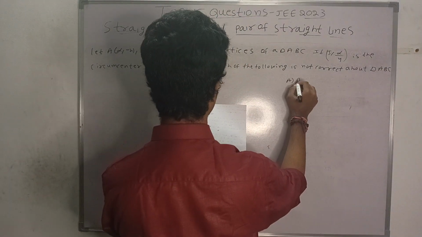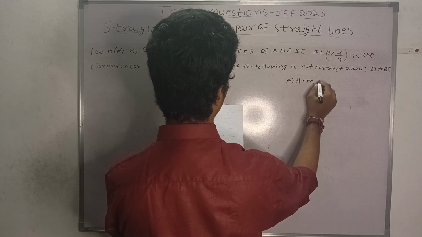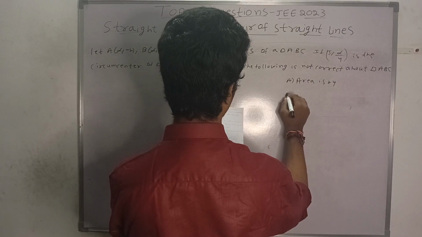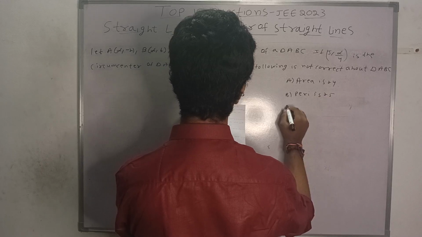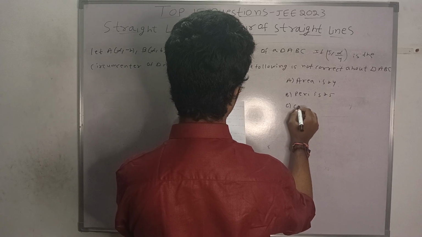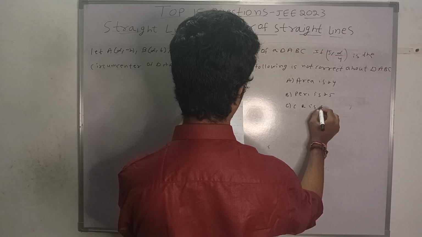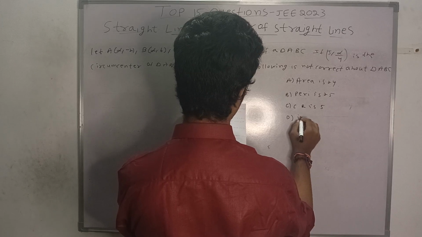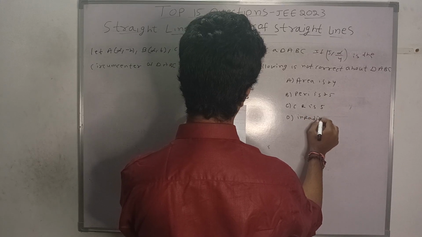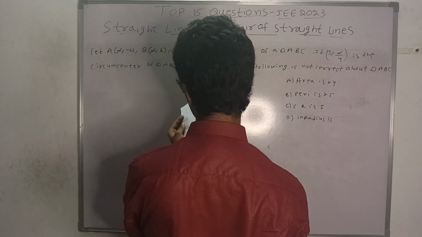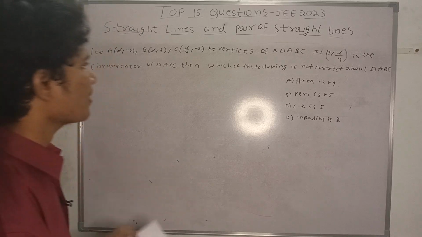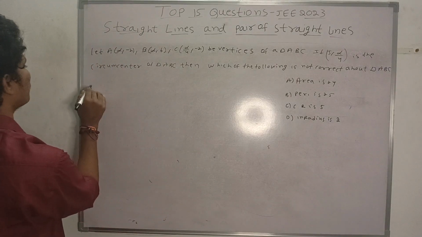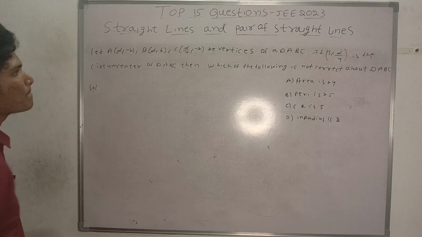They gave options: area is 24, perimeter is 25, circumradius is 5, inradius is 2. So basically this is a question. How to solve this question?